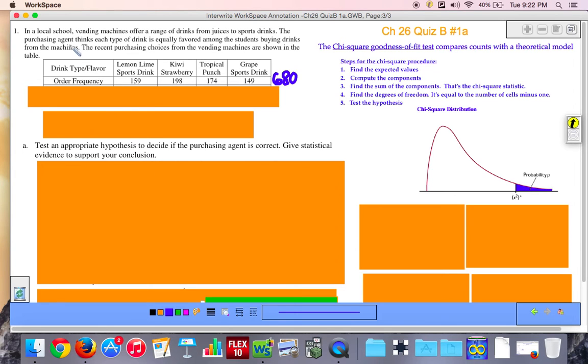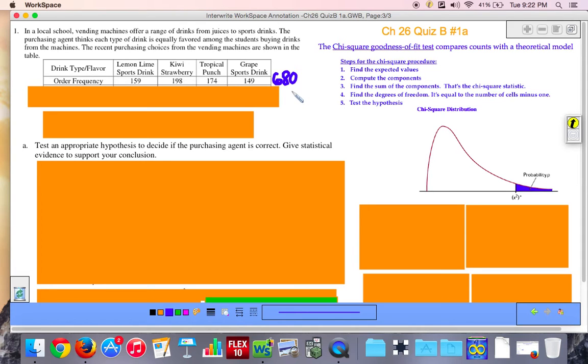Just a reminder, the purchasing agent thinks each type of drink is equally favored. If each type of drink was equally favored, then we expect 25% of the 680 drinks to be in each flavor, right? So each flavor should represent 25% of 680.